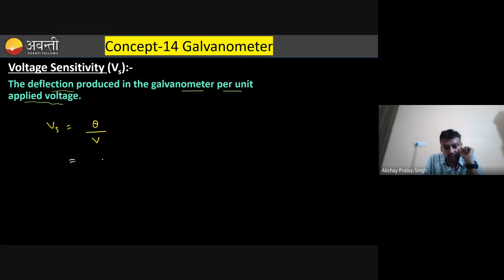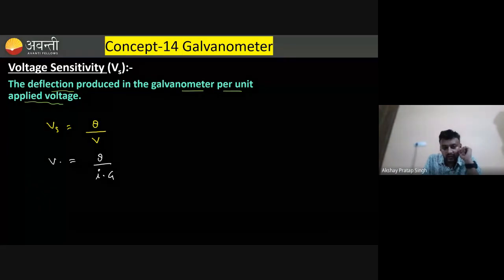So it can be written as theta over I into R. What is R? R is the resistance of the wire in between. So in between there is a coil, and let's suppose this coil has some resistance G. So what is voltage sensitivity?